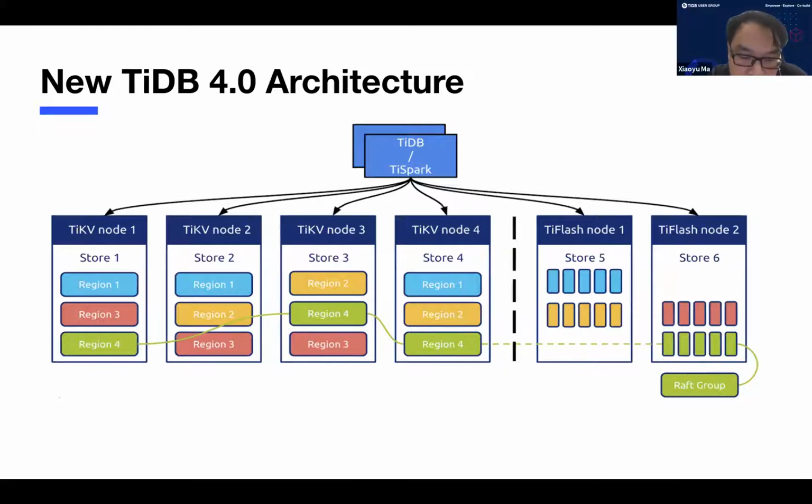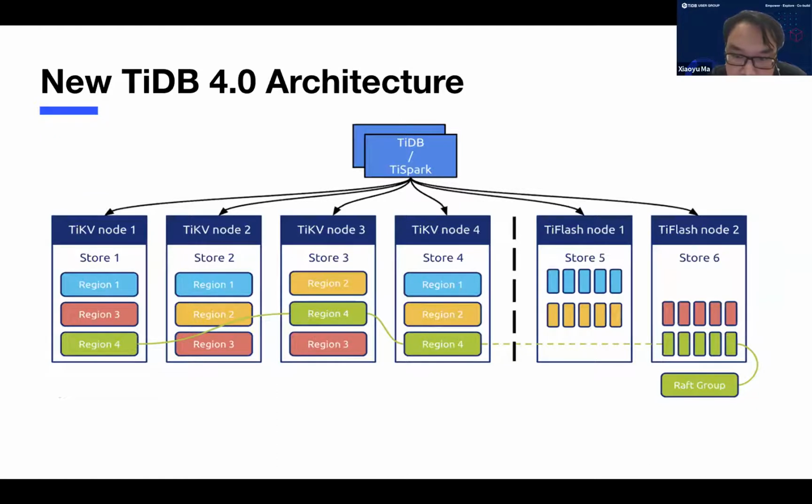And for the bottom side, there are two types of nodes. TiKV is a row engine for the database. The database is sharded by range sharding. Each of the range shards has multiple replicas, and the replicas are connected with the Raft consensus algorithm. We call the shards regions. In the graph, region 4 has 3 replicas on different TiKV nodes, and there are extra replicas on the column store side.